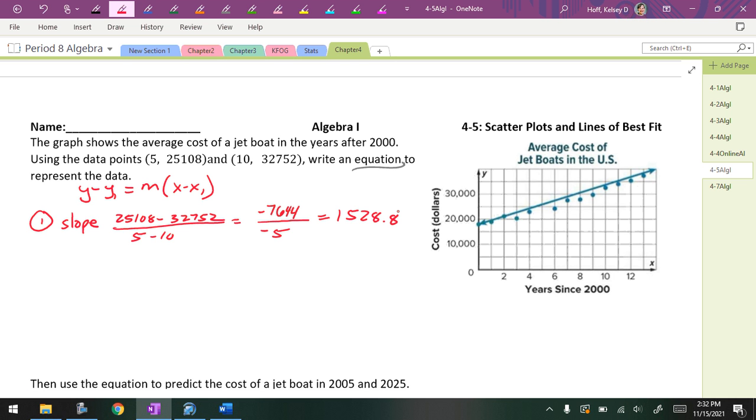I got 1,528.8. Yes? Okay. Now, there was only a 0.8, so I don't have anything to round here. Does it matter which point we use for point slope? No. Which one do you want to use? Okay.